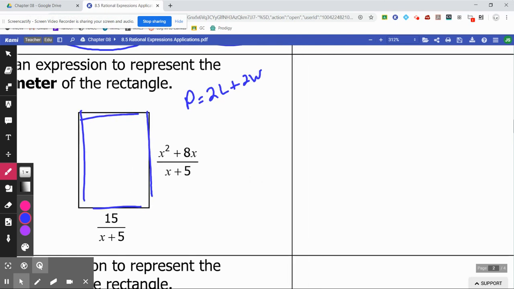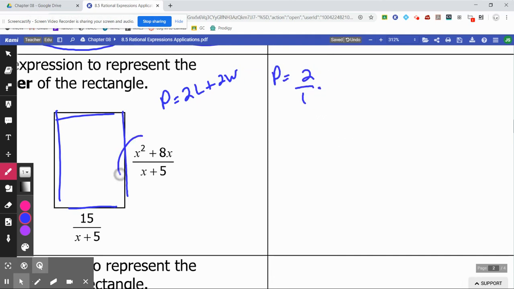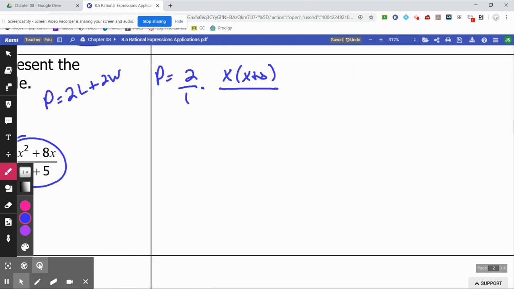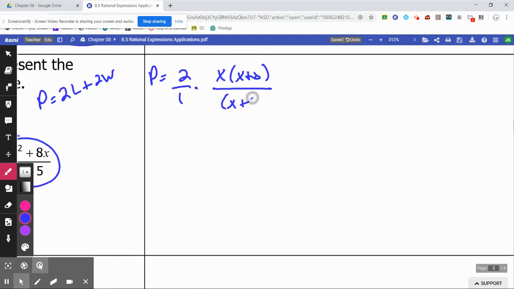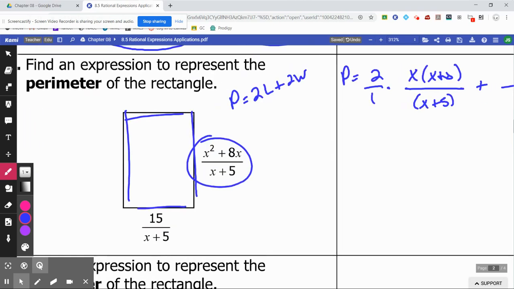So as we write these down, let's factor it. The perimeter is going to equal 2, and I'm doing 2 over 1, times this term, and I'm going to factor that. That's going to be an x times x plus 8 over x plus 5, plus 2 times this term.